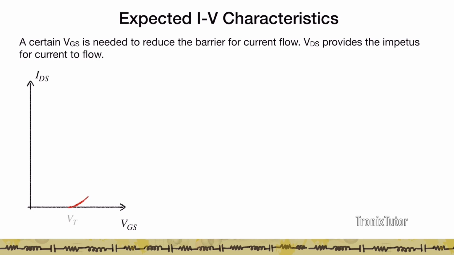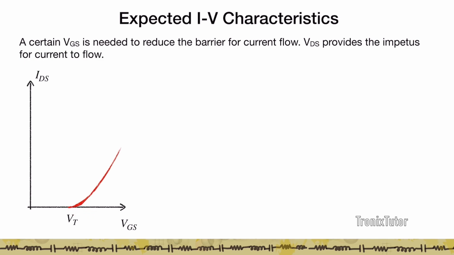So if I plot IDS, the current between the drain and source, as a function of the gate to source voltage, I see that there exists a certain voltage, which is known as the threshold voltage, below which no current flows in the device. Current begins to flow as long as I've applied a VDS and as long as VGS is greater than VT.